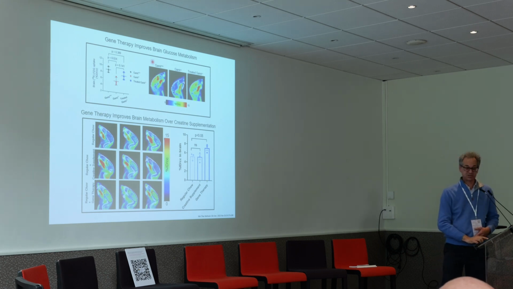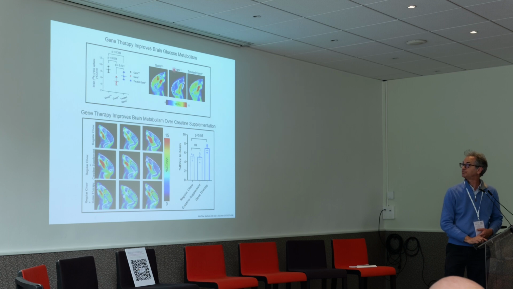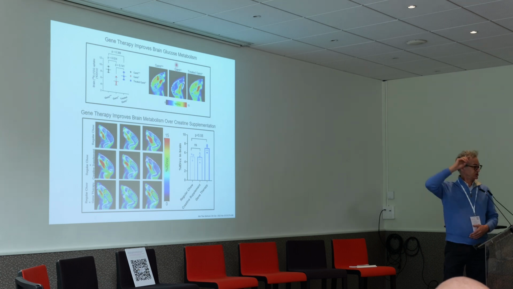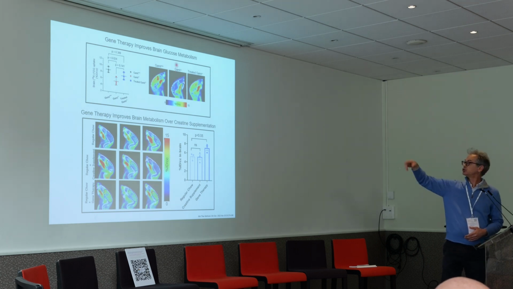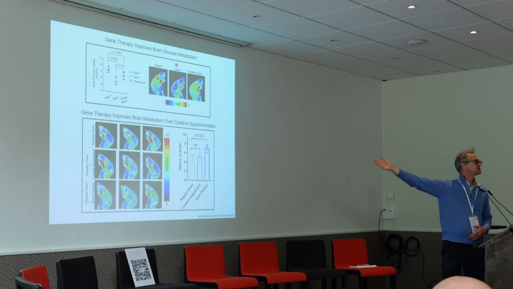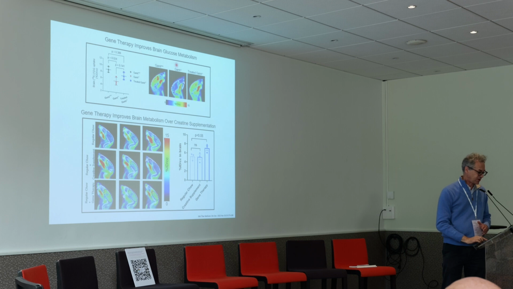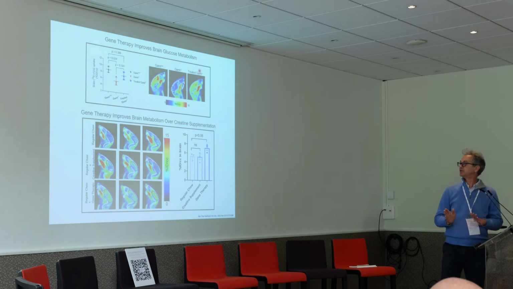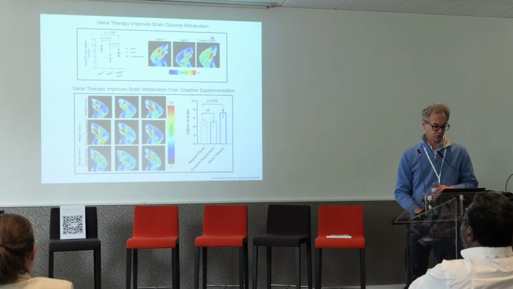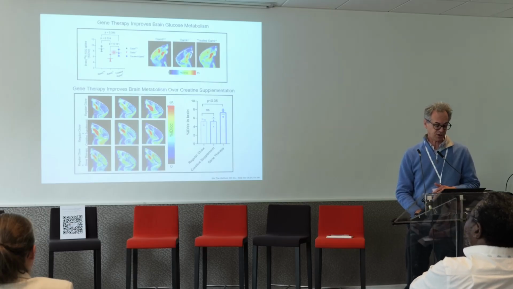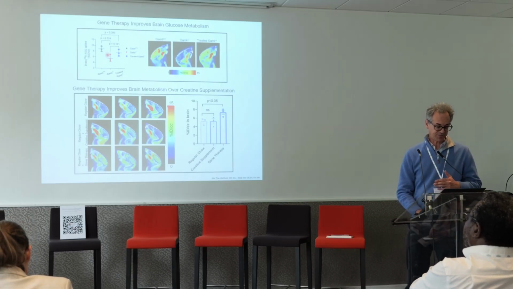If we look at the GAMT deficient mouse in the middle here, we see in the brain, which is in that dotted circle, there's much less activity of glucose in the brain. It's blue. But with the gene therapy, again, from the liver, we see really a recovery of this activity in the brain of glucose metabolism. This is represented over here graphically.